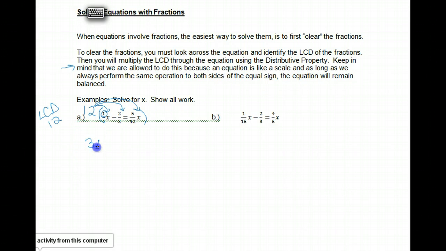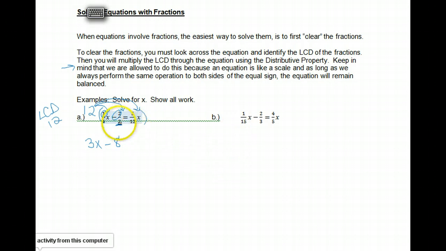So that leaves me with a 3x. Repeat the process for your next term. 12 divided by 3 leaves us with 4. 4 times negative 2 is negative 8.